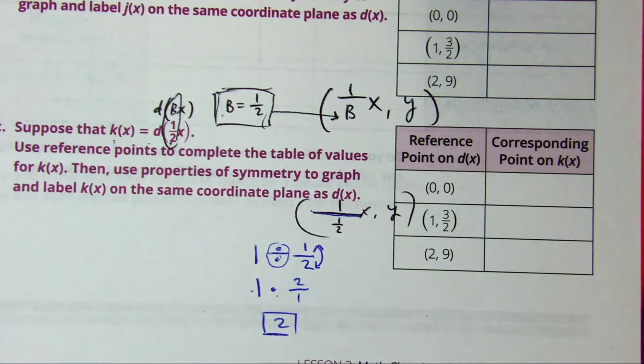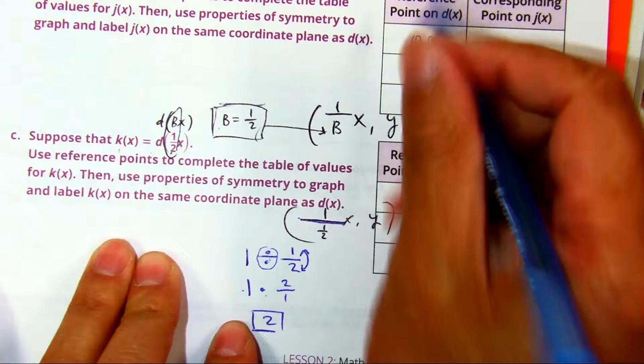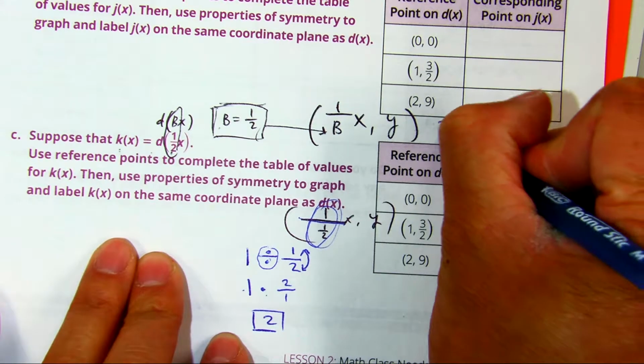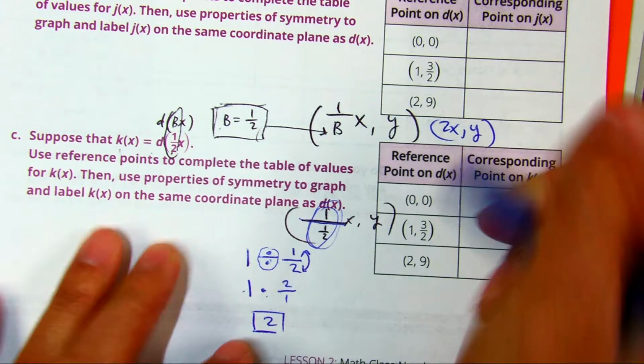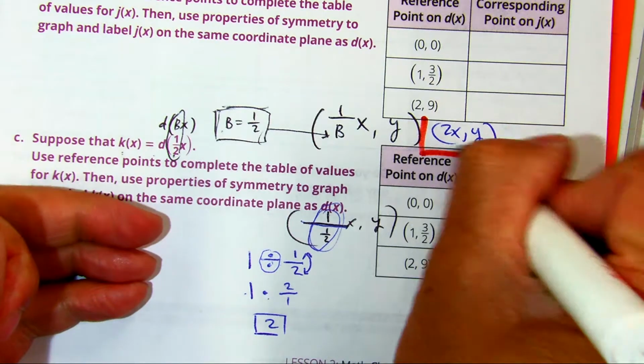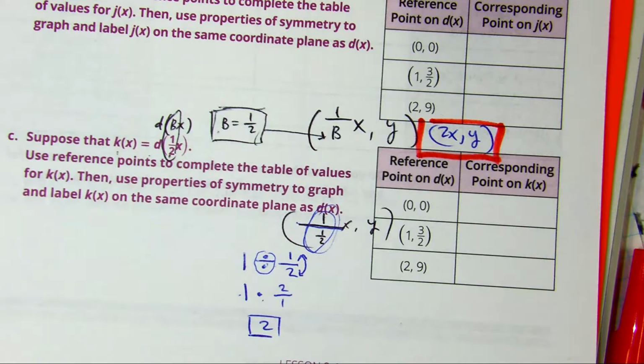Okay, what does this mean for us? It means that all of this is going to turn into 2x comma y. Let's put a big red box so you don't get confused. Okay, yesterday we learned to just kind of end up with this ordered pair, but we're not sure what it does.